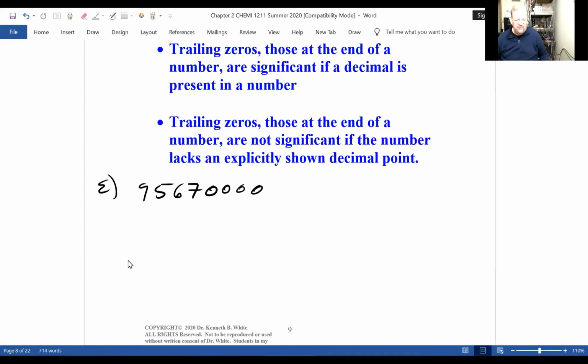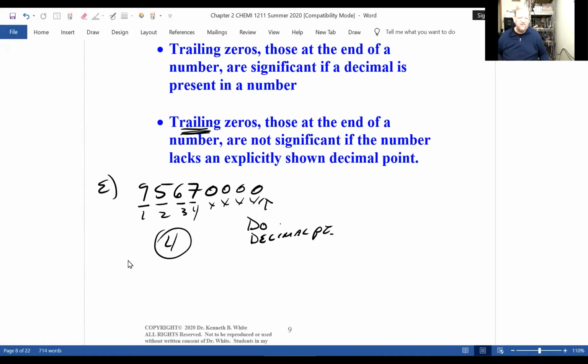And all non-zero numbers are significant. 1, 2, 3, 4. Trailing zeros, no decimal point. There's no decimal point, so these zeros are not significant because they're trailing zeros. And therefore we have 1, 2, 3, 4. The answer would be this has 4 significant figures.